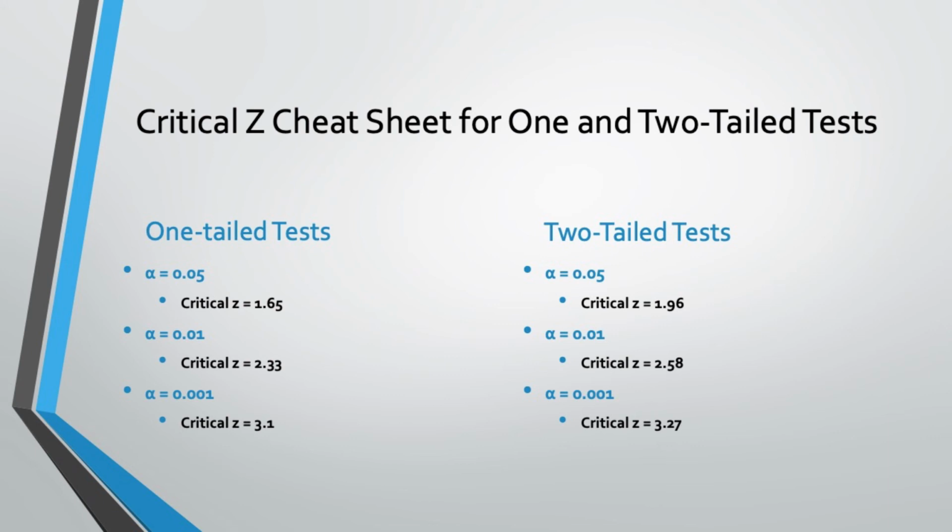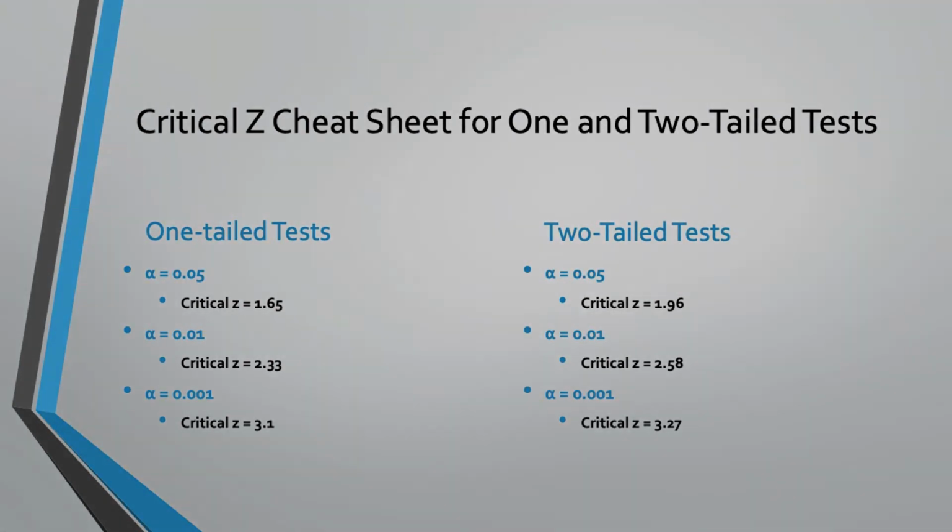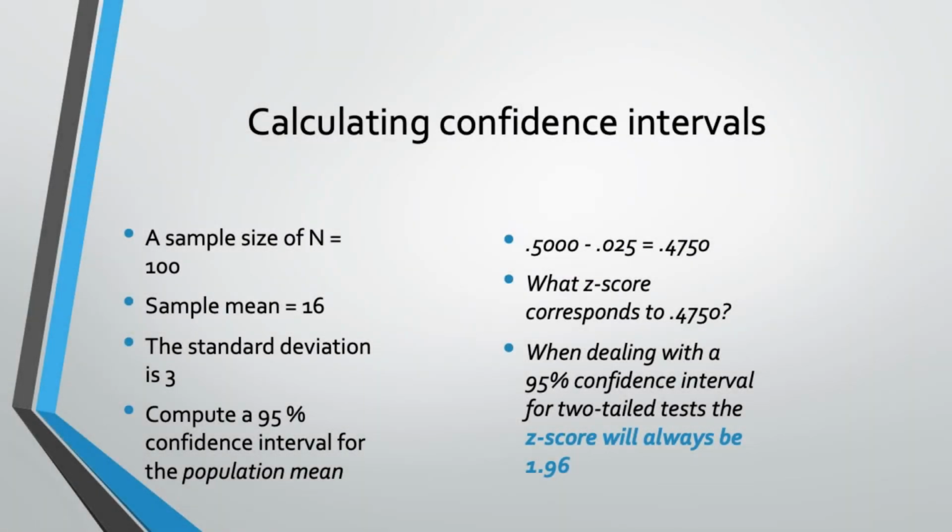So we're just going to refer to the cheat sheet and see that we need to be working with critical z values of 1.96.